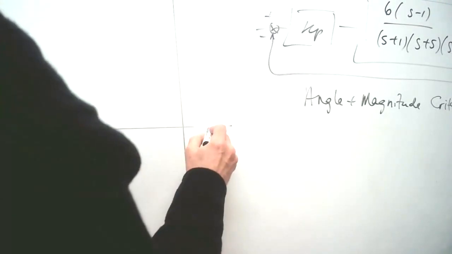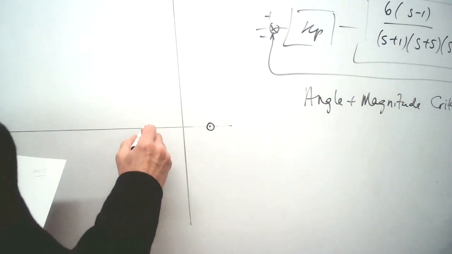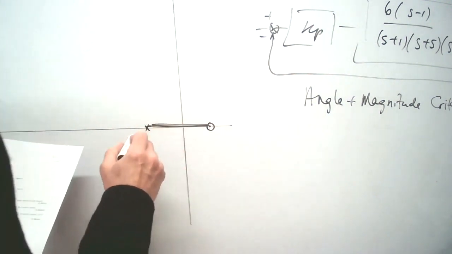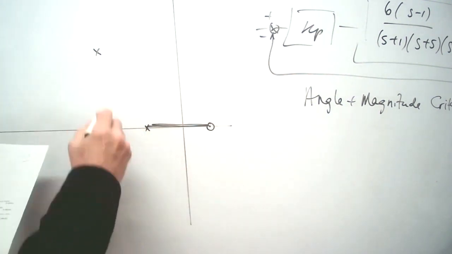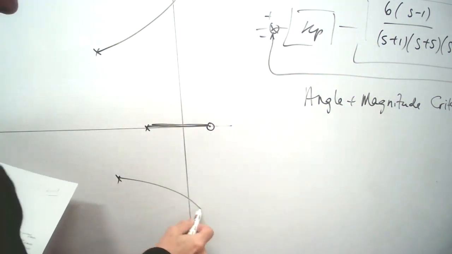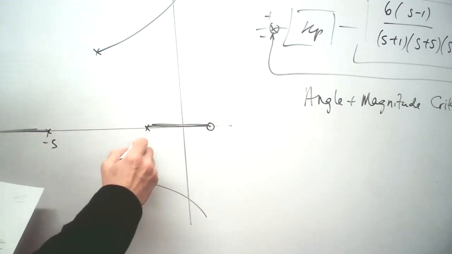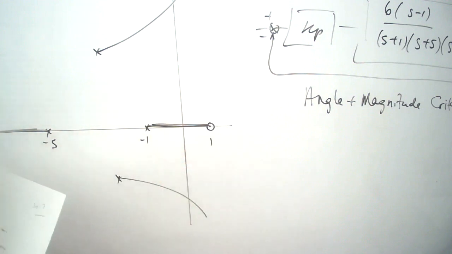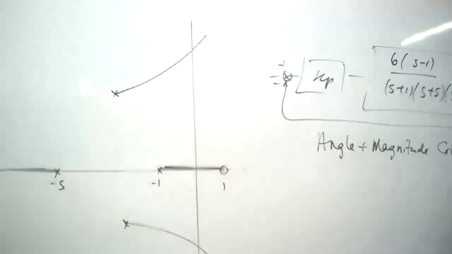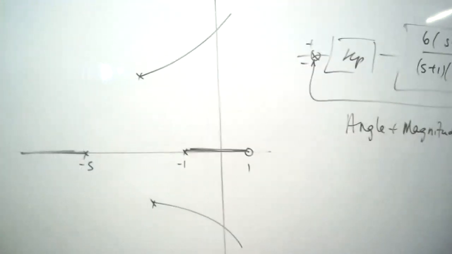So it's got a 0 there. It's got a pole there. There's a bit of root loci there. It's got a pole there, and that's going like that. And it's got another one here going like that. So that's what the root loci sketch looks like.